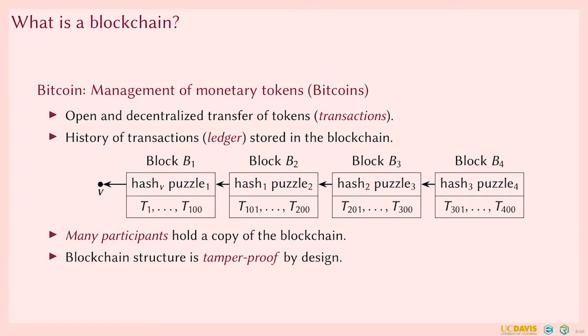The blockchain structure itself is designed in such a way that it cannot be changed, but it can be appended to. Of course, "cannot be changed" is absolute, but it's made very hard to make changes, even though it's quite easy to add new blocks.